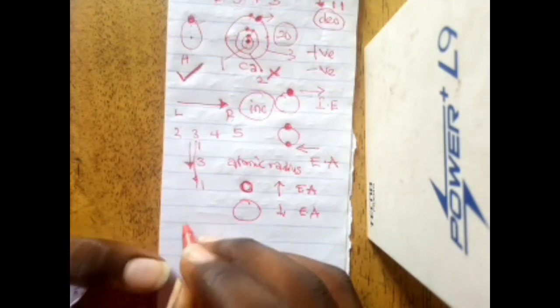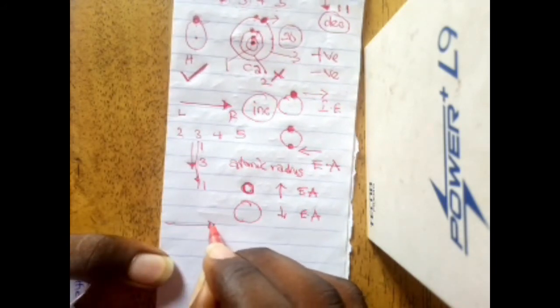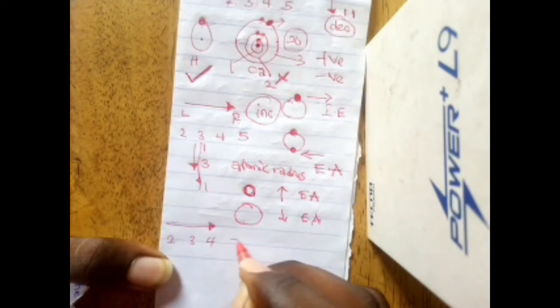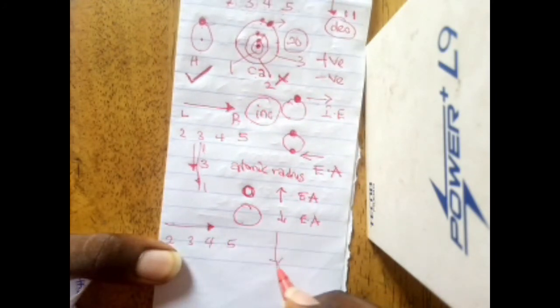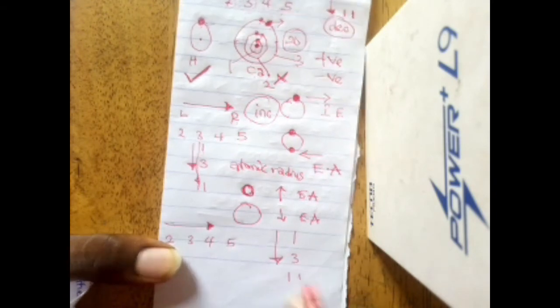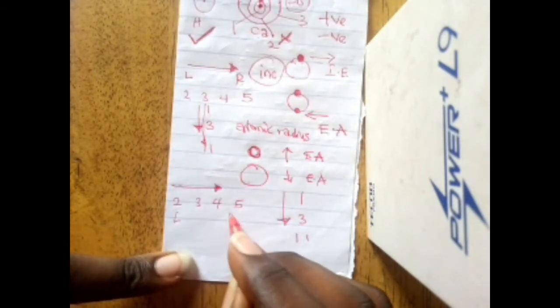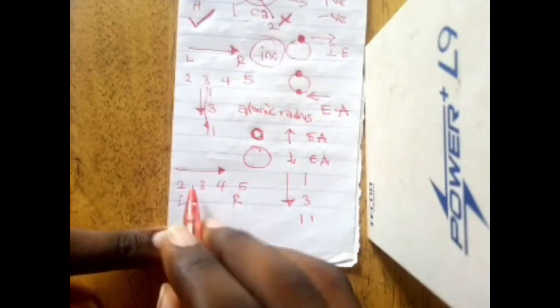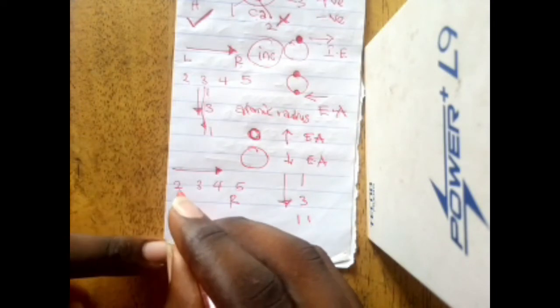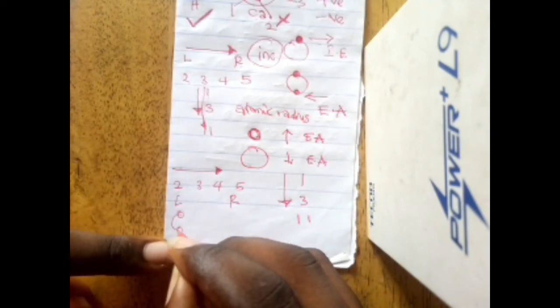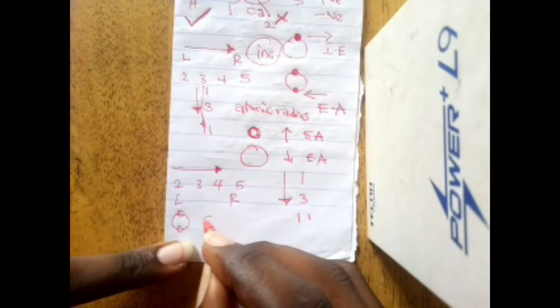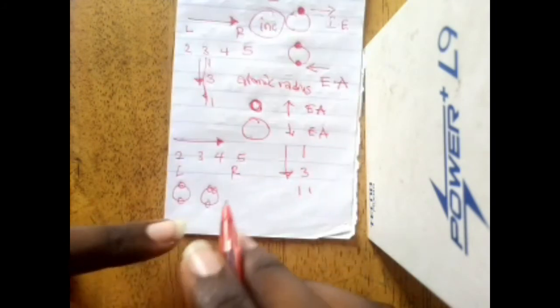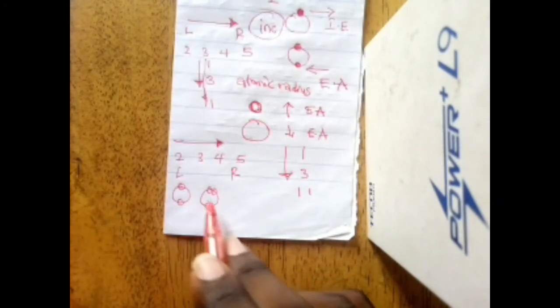So as you move from left to right of the periodic table, the electronegativity, the ability to attract electrons, increases, because as you move from left to right, you compare an atom of 2 electrons to an atom of 3 electrons.